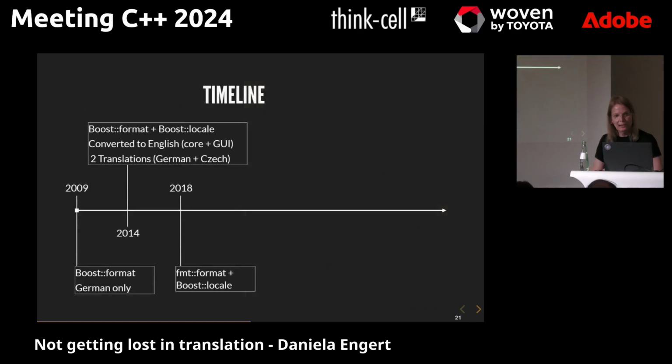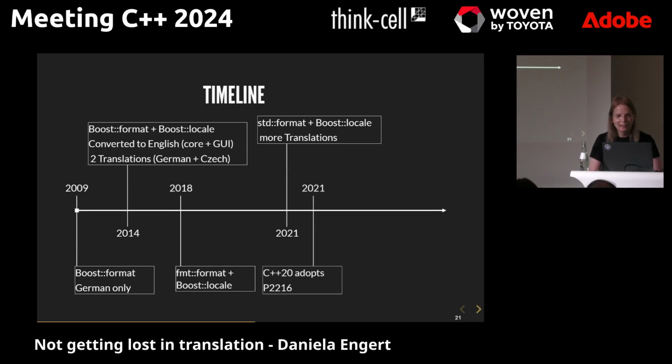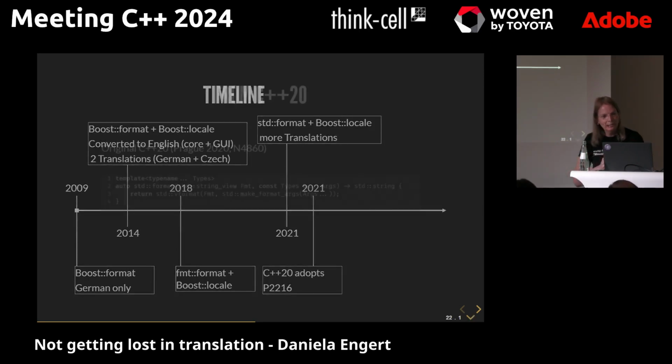Okay, let's move along. Three more years. We had more translations. Now we had C++17, and we have C++20. And in 2021, C++20 adopts proposal P2216. And I don't expect you to understand what P2216 actually means.